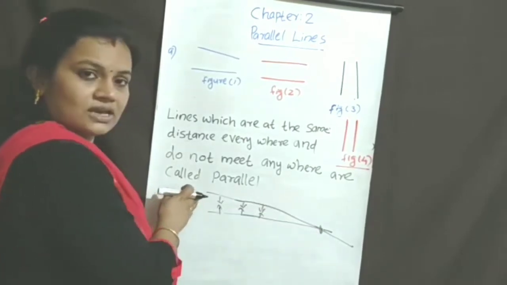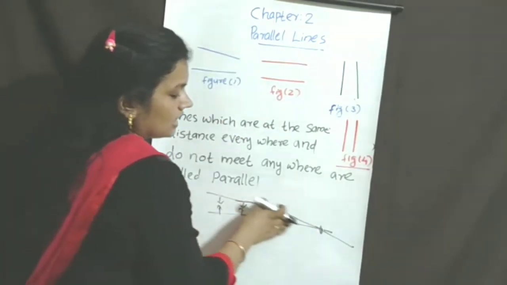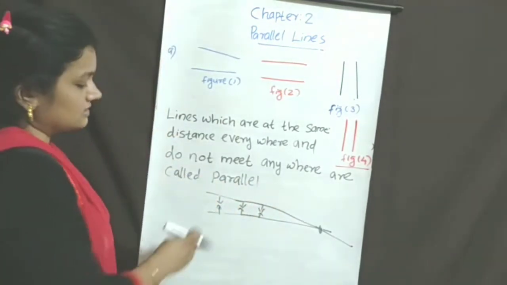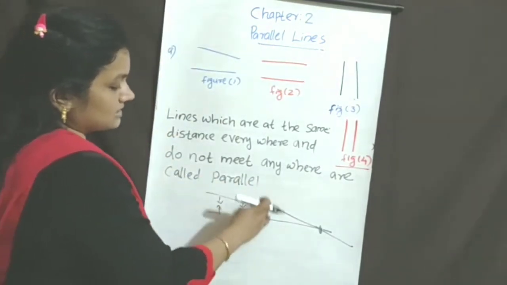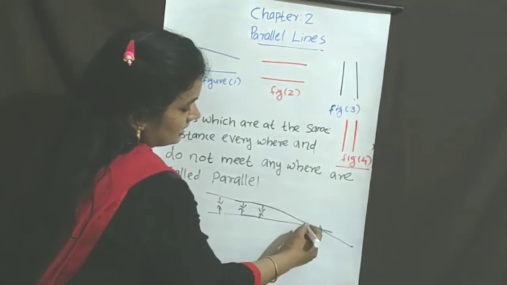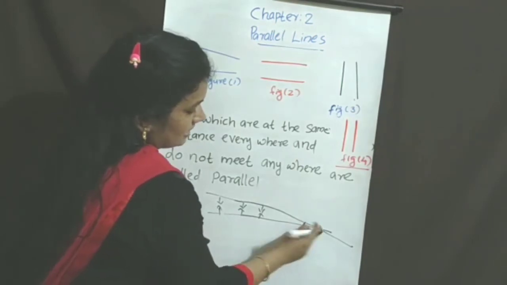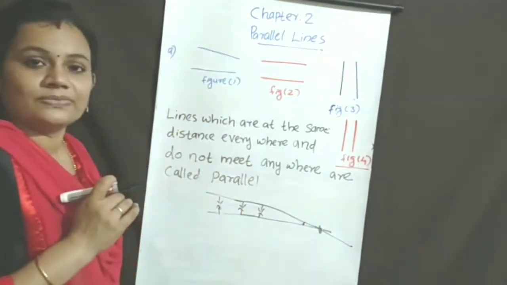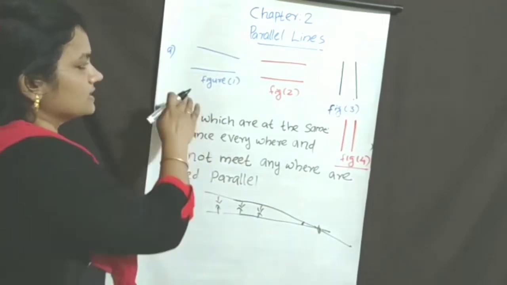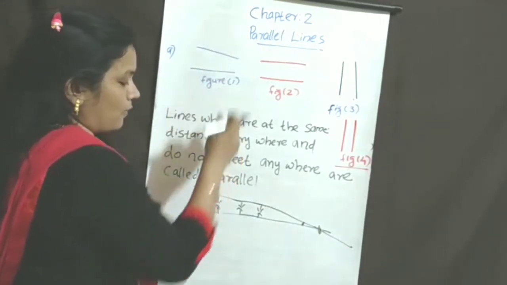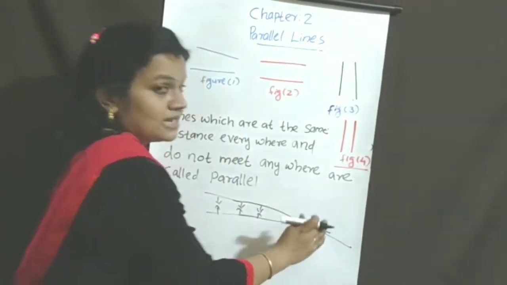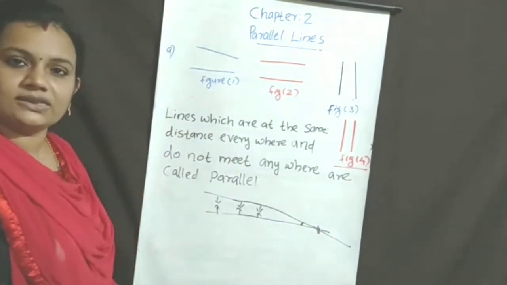This is decreasing. So the first one is bigger, then small. Here the distance is very small. So in the first figure, if you extend the end points, the lines will meet at a point.